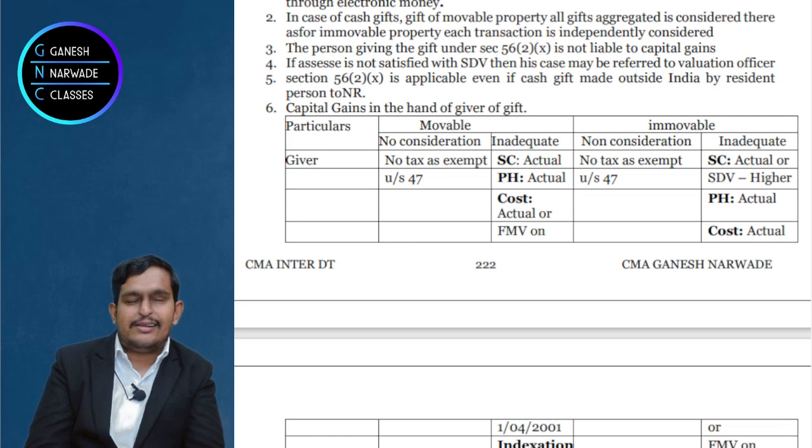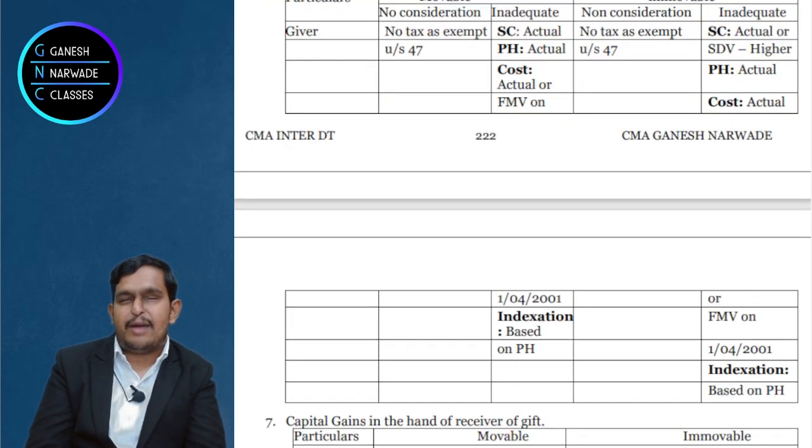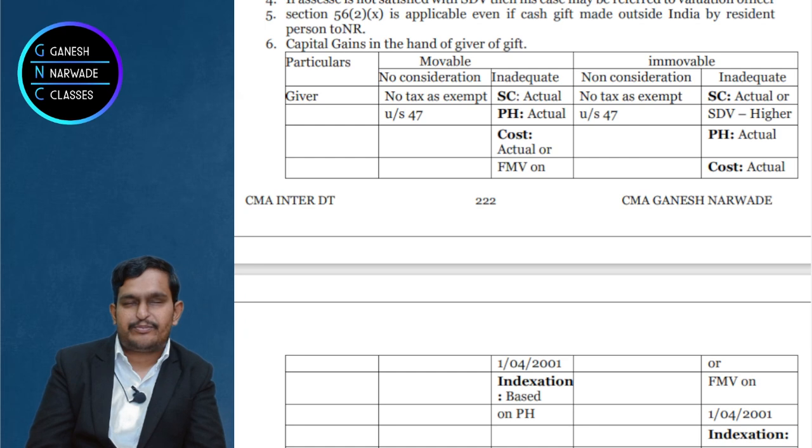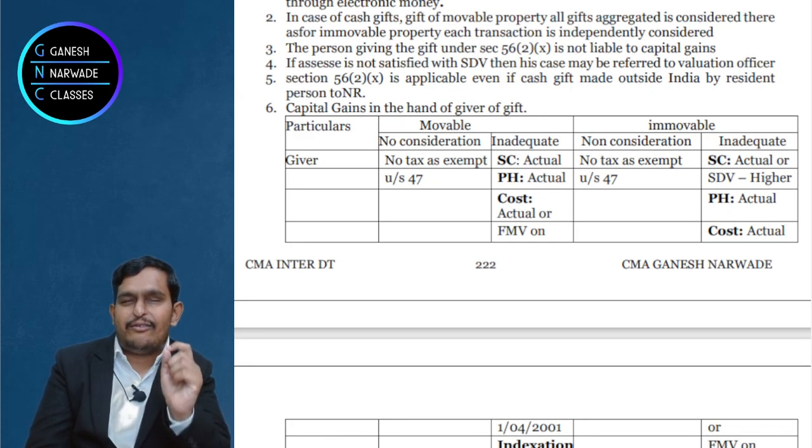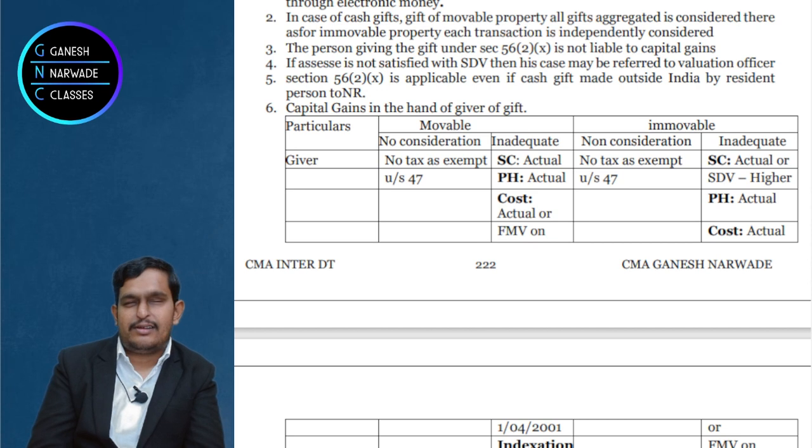If the answer is yes, then under section 47, the giver of gift will be fully exempt and capital gain will not be levied. But suppose I am giving for inadequate consideration, then on me the capital gain will be computed, right? For me, capital gain will be computed.